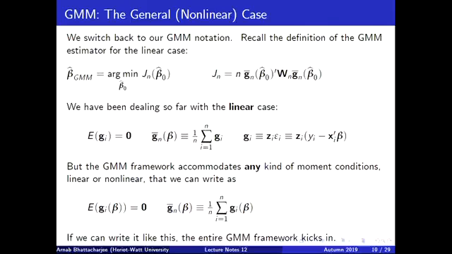Now we are in the nonlinear world. So what we are going to do is say that some arbitrary function g_i of beta is equal to 0. These functions can be nonlinear. And corresponding to this, we can write down this g_n bar as well.